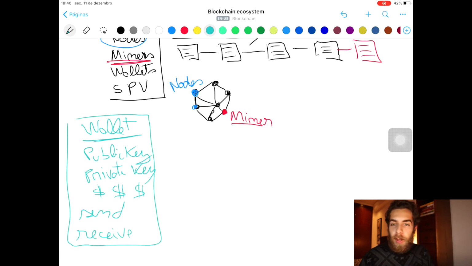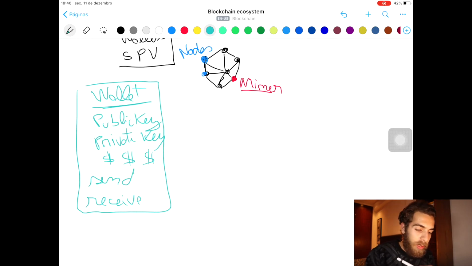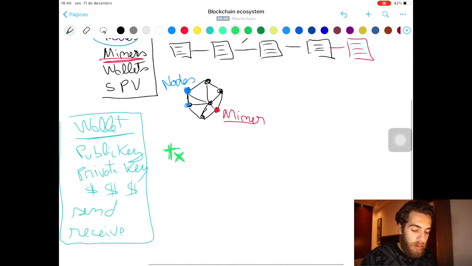So let's imagine that you do a transaction. You want to do a specific transaction, and you are, let's say, this node in the network, and you want to send from A to B. Basically, your transaction will be added into the network, and it will spread all across the nodes.